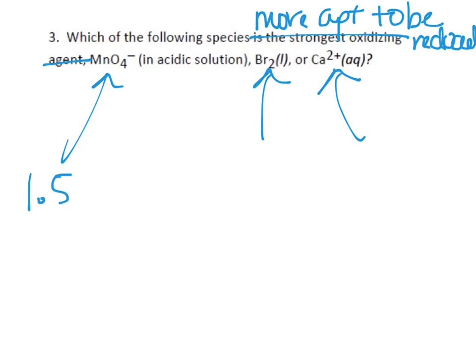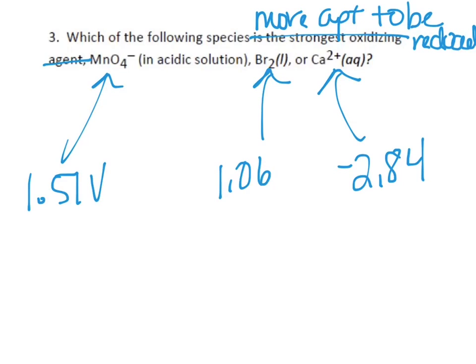1.51 volts. Somebody go find Br2, somebody go find Ca2+. Ca2+ is negative 2.84. And then 1.065.